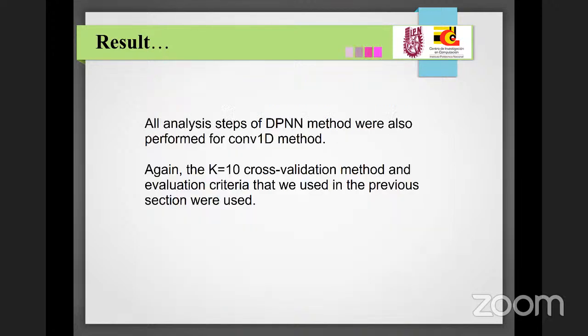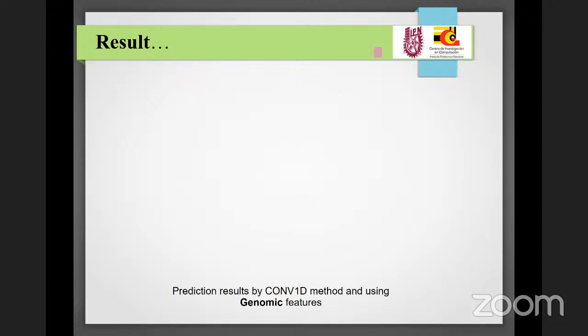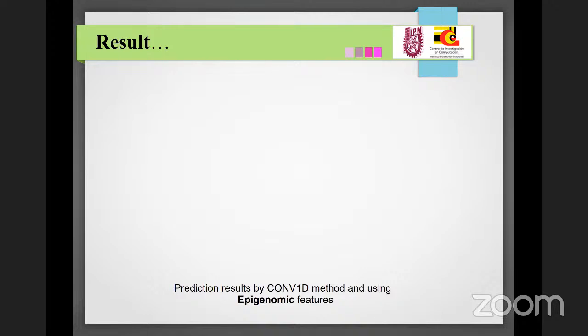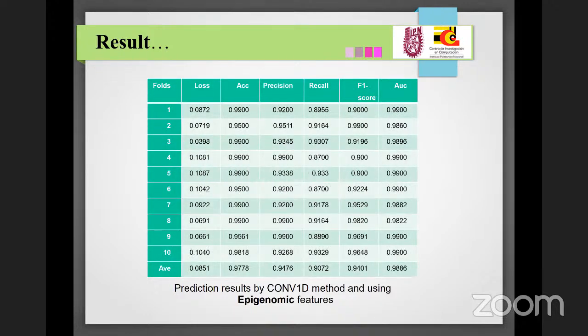All analysis steps of the DPNN method were also performed for the convolution method. Again, we considered K equal to 10.